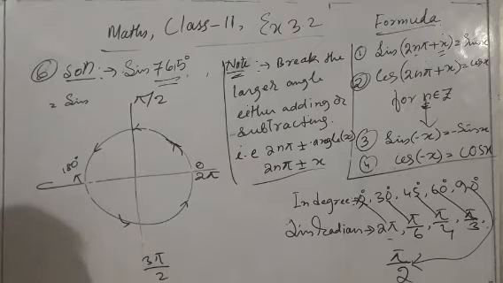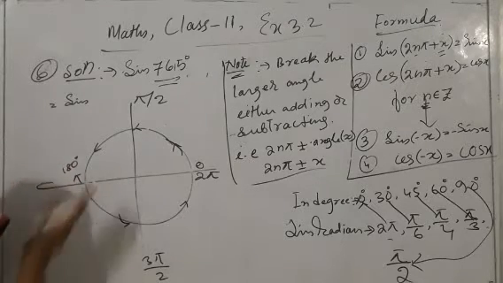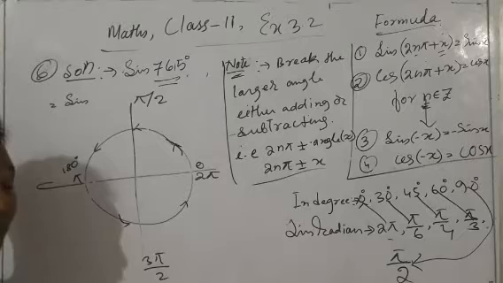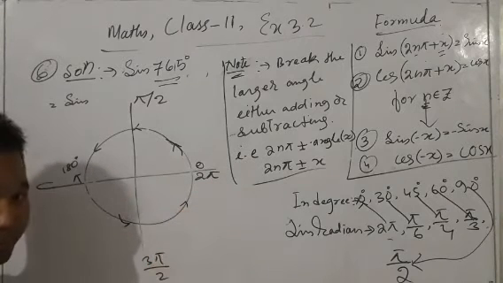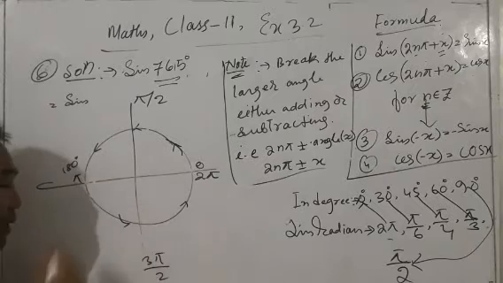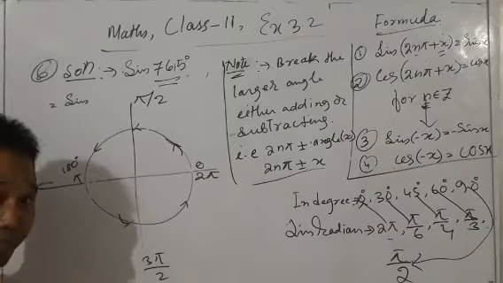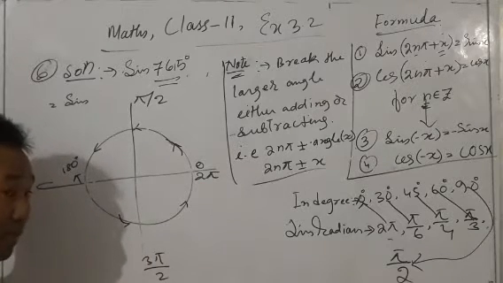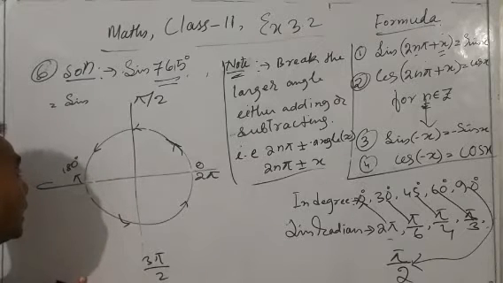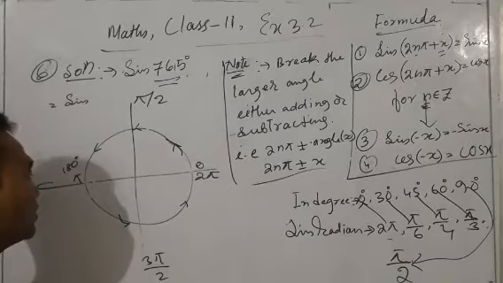In complete rotation, that is 2 pi. 180 plus 180 is 360 degree, that means 2 pi radian. In degree it is 360, in radian it is 2 pi. Why? Because pi equals 180, so 2 pi equals 2 into 180, that is 360 degree.